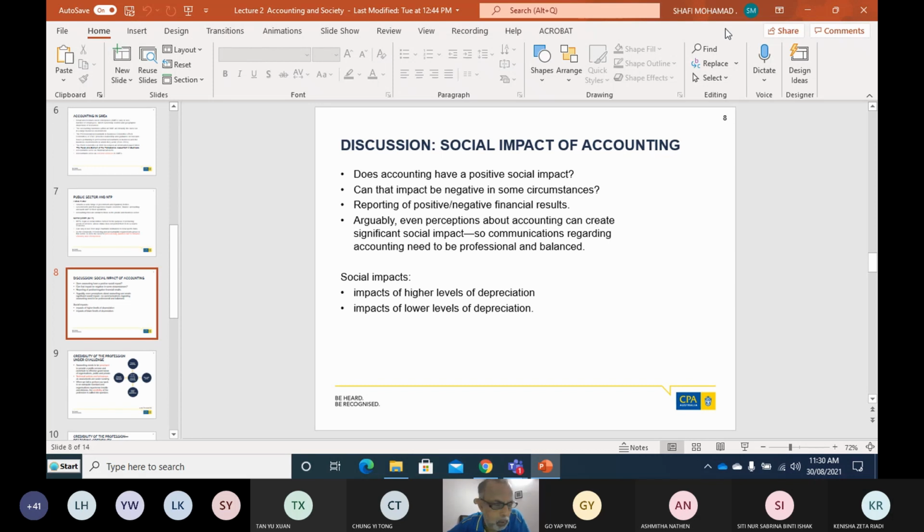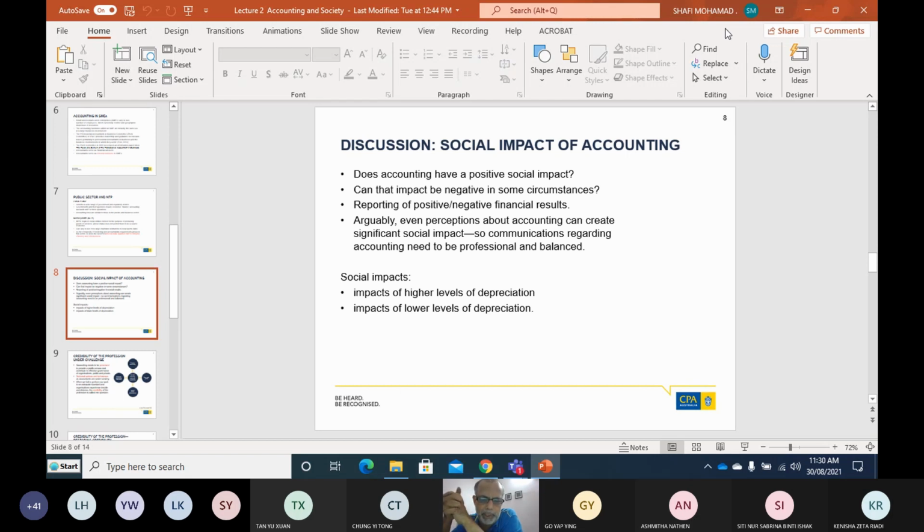As I said just now, accountants are not living in a vacuum. We are living in society. Whatever we do, at the end of the day, there will be an impact on society. It could be a positive impact, could be a negative impact. So let's look at the social impacts of higher levels of depreciation.